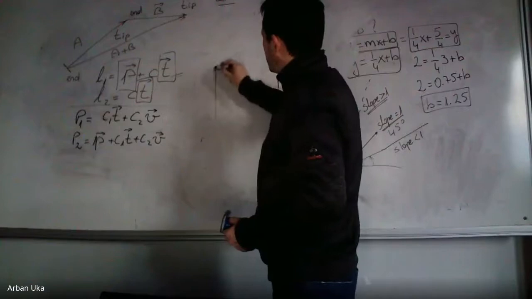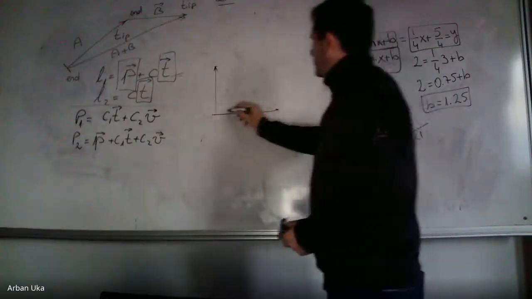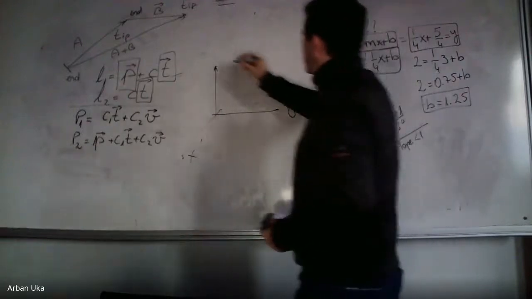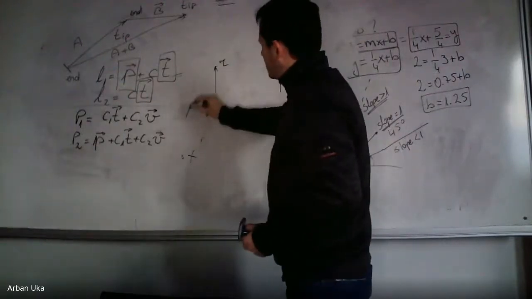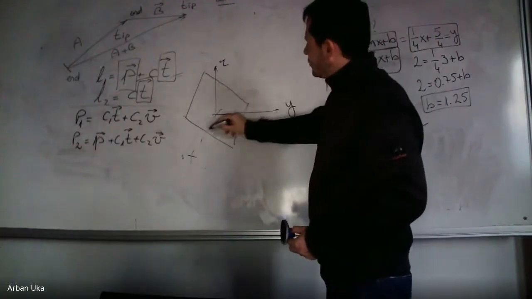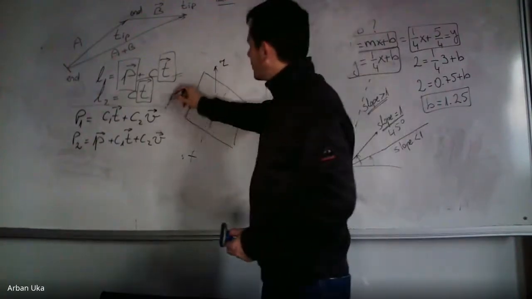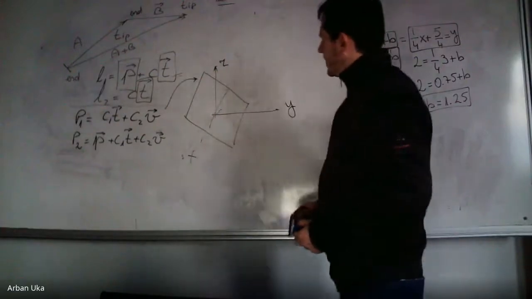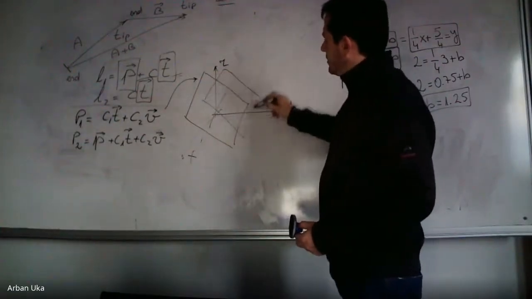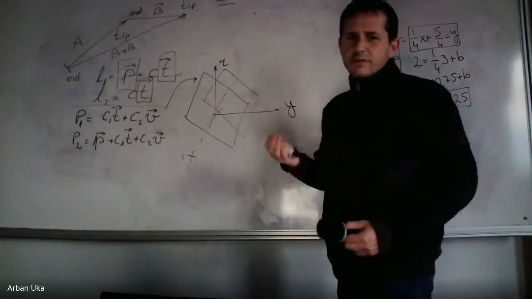So if we have here the x, y, z, this is the x, the y, and the z, we can expect to have a plane that looks like this, including the origin, if we're talking about P1. And then P2 can be another plane which is shifted away from the origin.